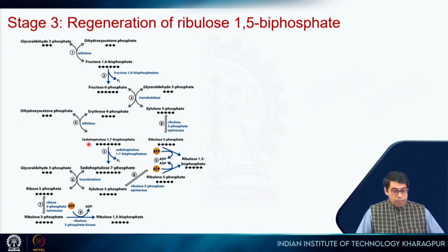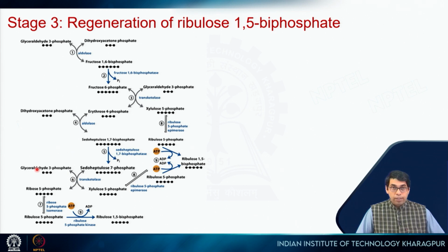So it forms pseudoheptulose 1,7-biphosphate, right? One of the phosphate groups goes out, so it becomes pseudoheptulose 7-phosphate. Okay, so it is removed by this enzyme pseudoheptulose 1,7-biphosphatase. So we have a 7 carbon sugar.